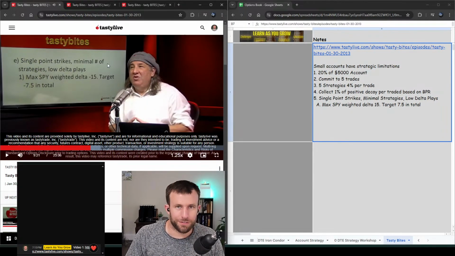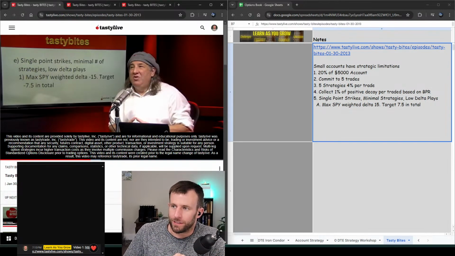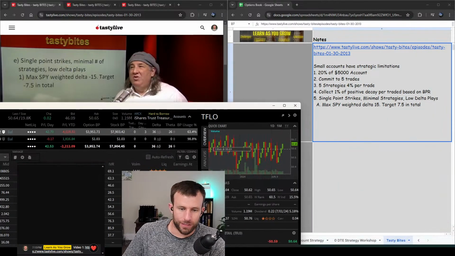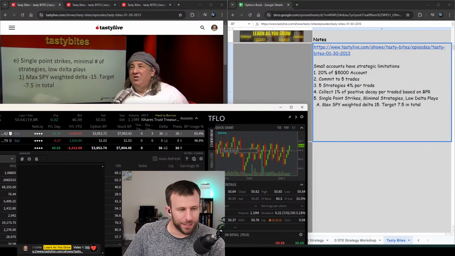So he was being very specific there, but actually the SPY weighted delta would look positive, I believe, on our account in TastyTrade. So I was looking at that. Why would we have a negative delta? What he's talking about is the delta right here, this 36 on my account. He would target 15.